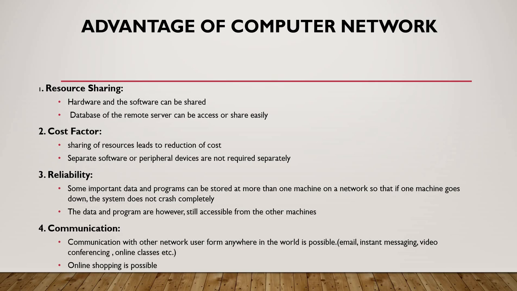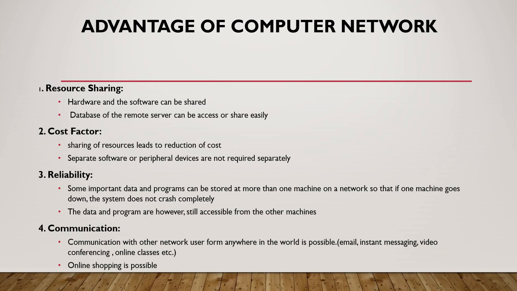We can store our file in different location so it will be more reliable. If something goes wrong in one machine, it won't make any difference because we have backup copy in some other place. Another point, the data and program are however still accessible from other machines.